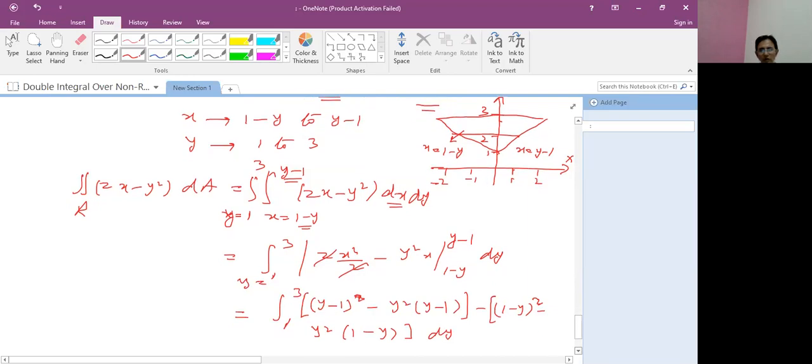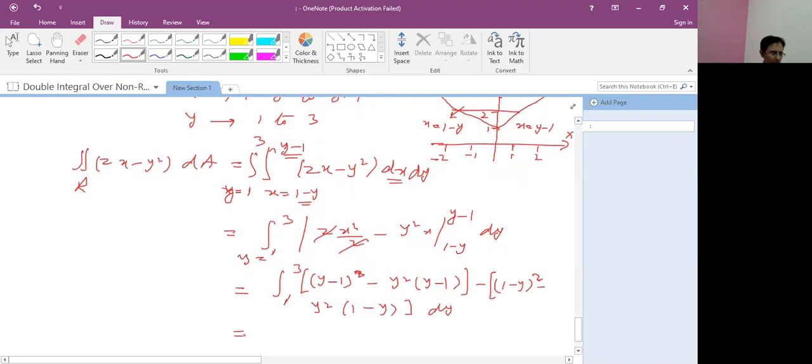So student, now we will simplify this. If we simplify together, y square, if we expand a minus b whole square, so y square minus 2y plus 1 minus y cube plus y square minus 1 minus y square in the first part.